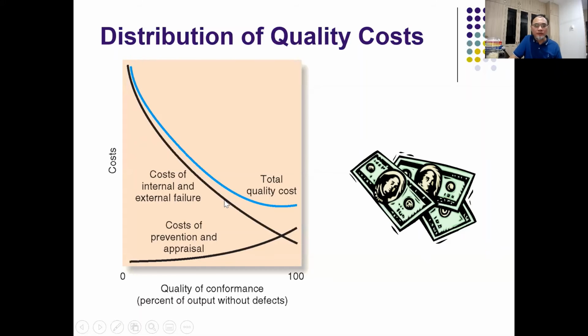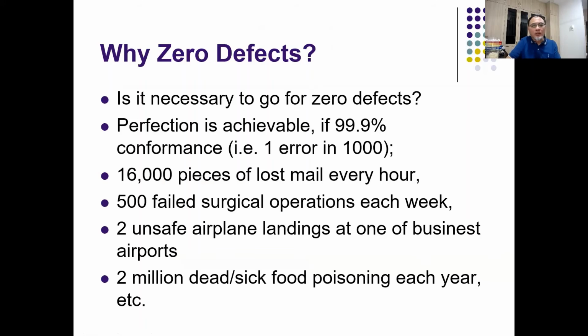This is the cost of internal and external failure, and as mentioned just now, cost of prevention will increase as you spend more. The quality performance. It's a theoretical model to balance between cost of failure and cost of prevention.